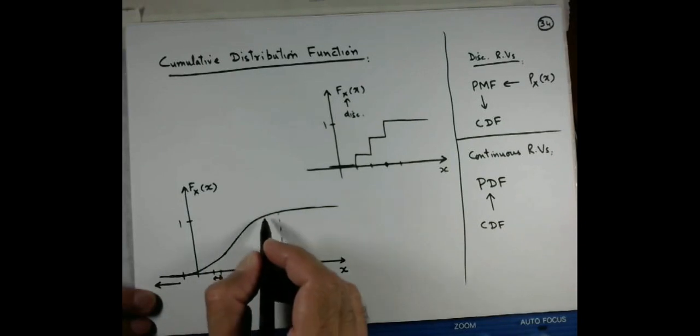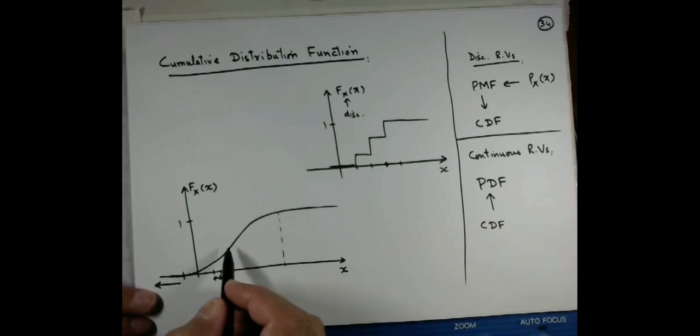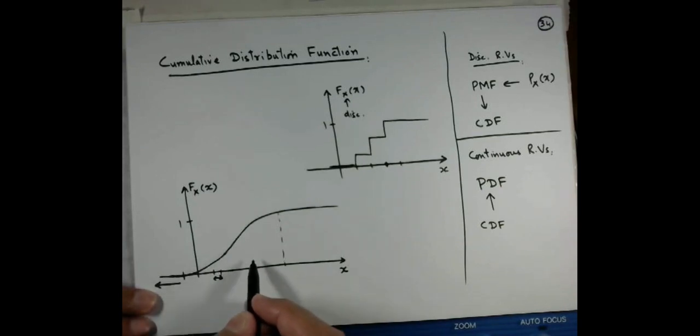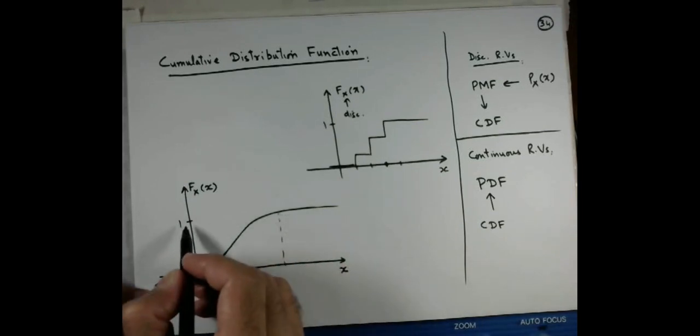So the plot starts rising. The probabilities are always positive, so there can be no such thing as a negative dip in the plot. It will always rise, and ultimately it will reach the height 1.